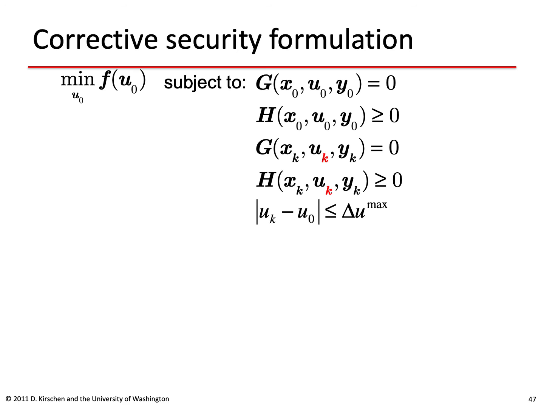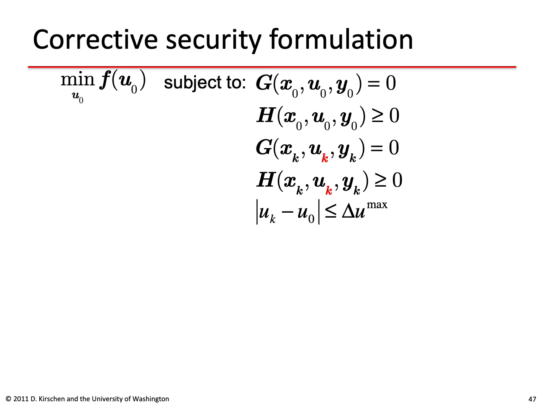So we can introduce for each contingency a set of controls uk that we can try to determine using the security constraint OPF. And in this case, the equality constraints for the contingency k involve xk, uk, and yk, and the inequality constraints for the contingency k are also a function of xk, uk, and yk.